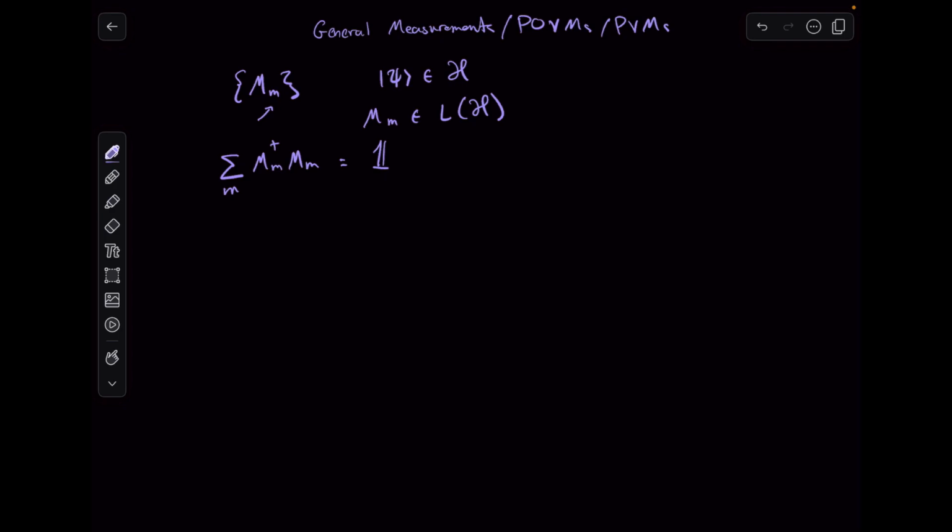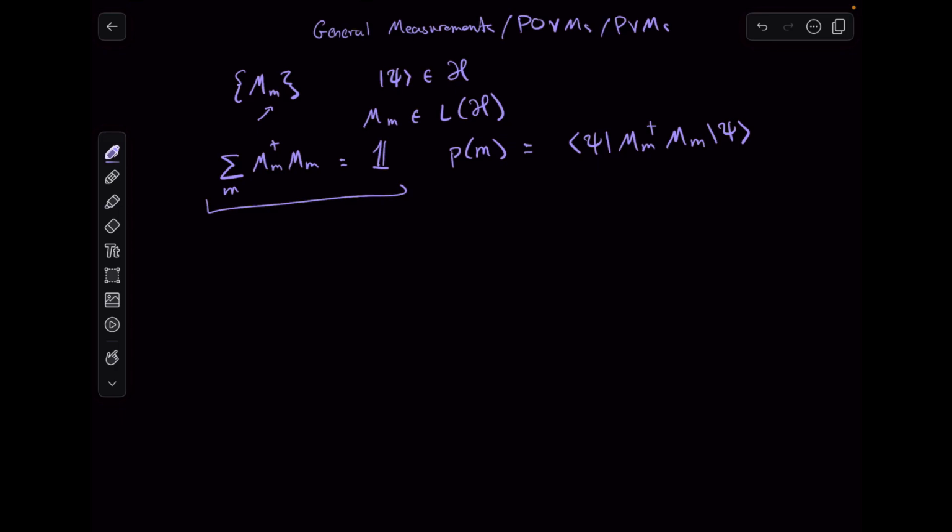The reason for this is because the way we define probability here is the expectation value of that measurement operator having acted on our state. So what this is saying is essentially these probabilities should add to 1, which adds up.